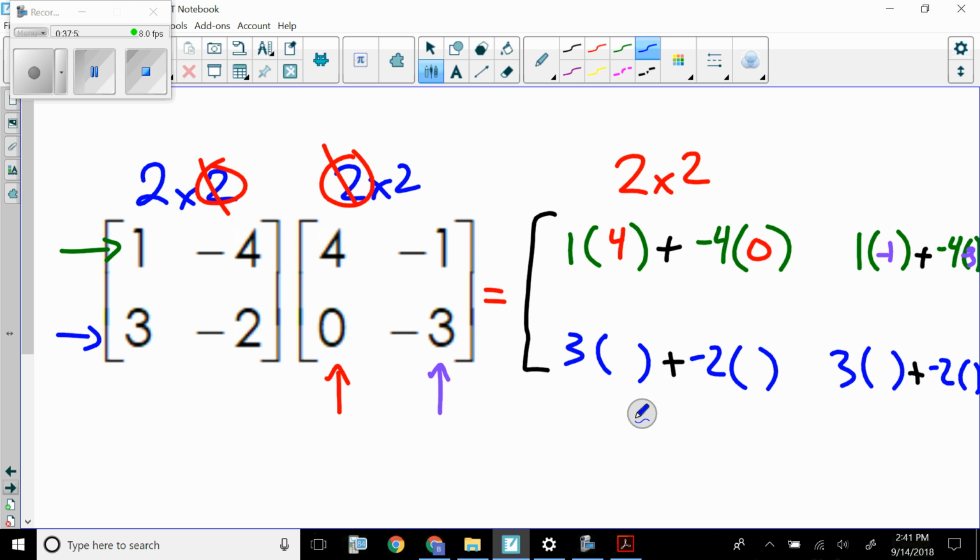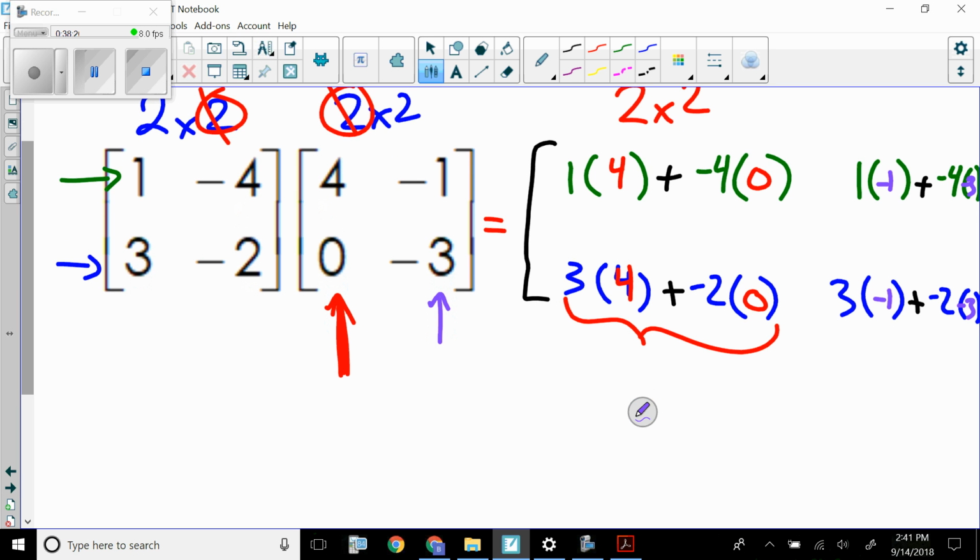What are the somethings? Well, this section down here is the first column over here. Well, that's a 4. I want it to be red. 4, 0. And then I have the purple, because that's the second column, which is -1, -3. Now I have everything set up.